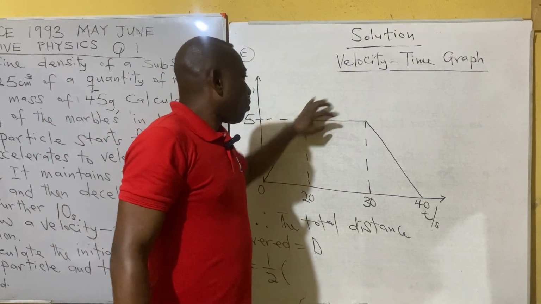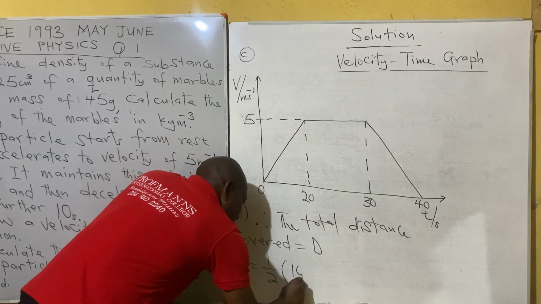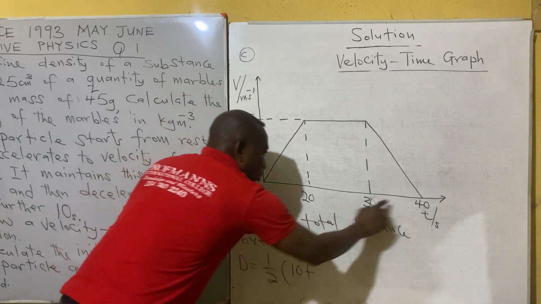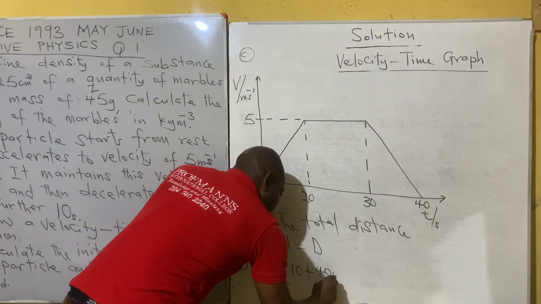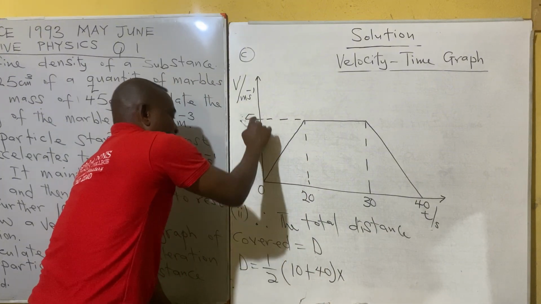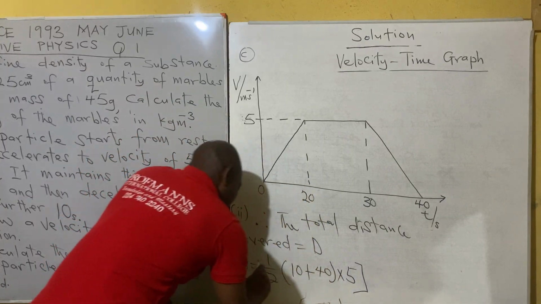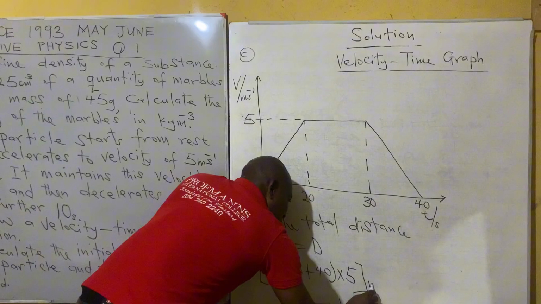We sum. When we sum, this one is 10 plus from here to here is 40, times the height, which is 5. Okay, so I bring this and then I bring meters here.